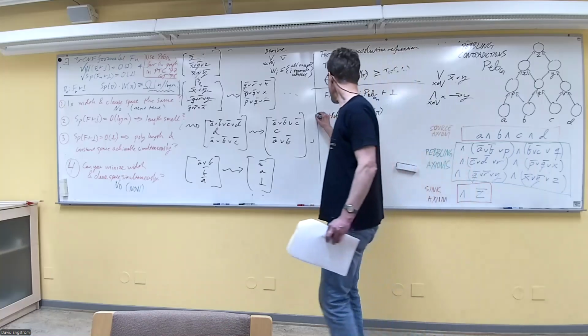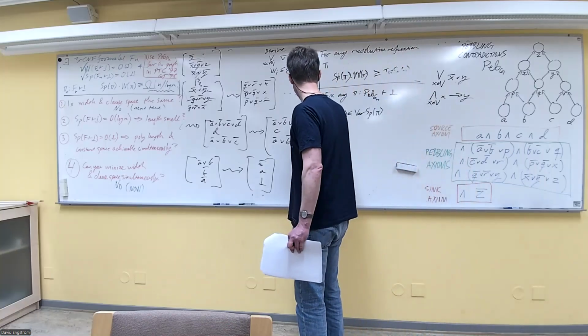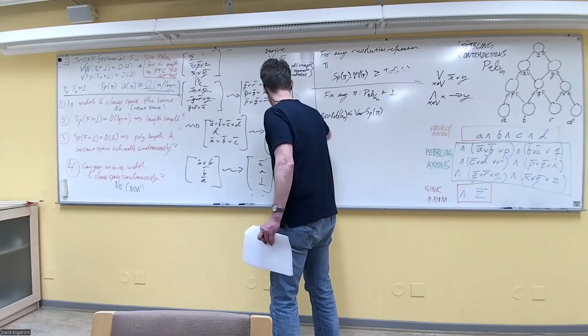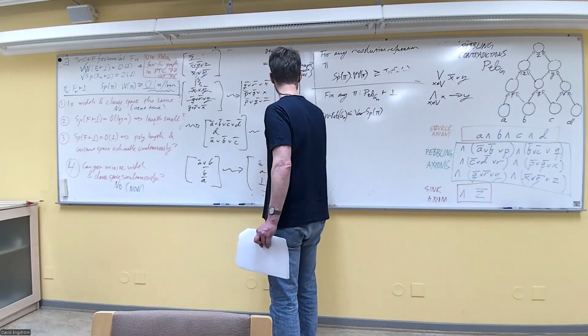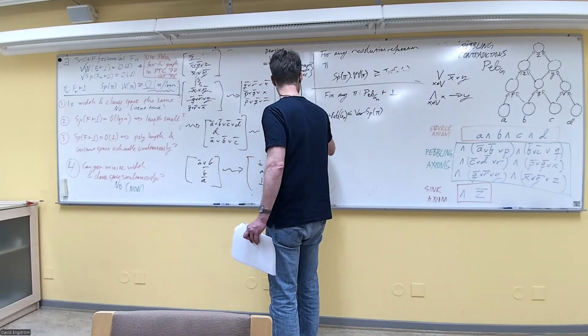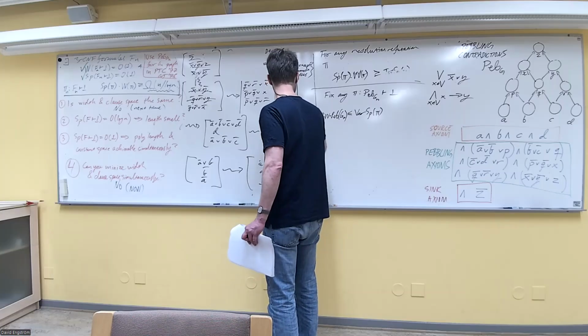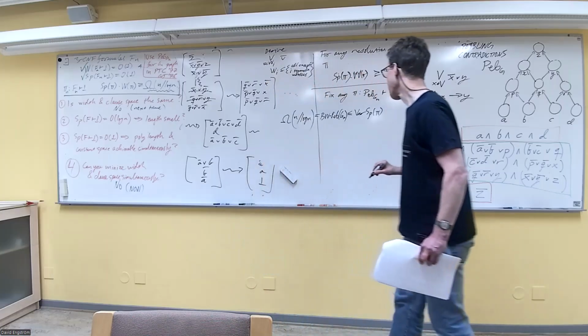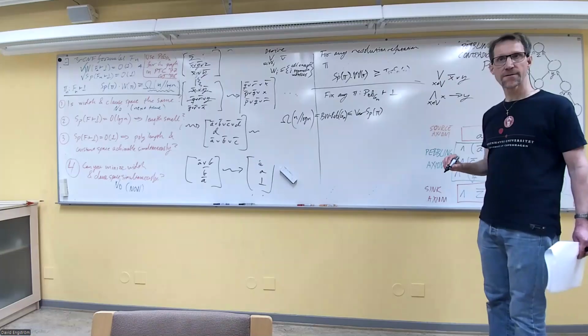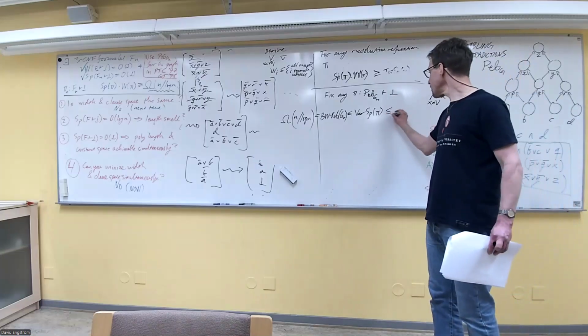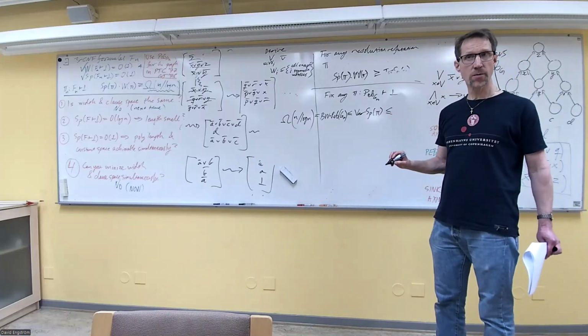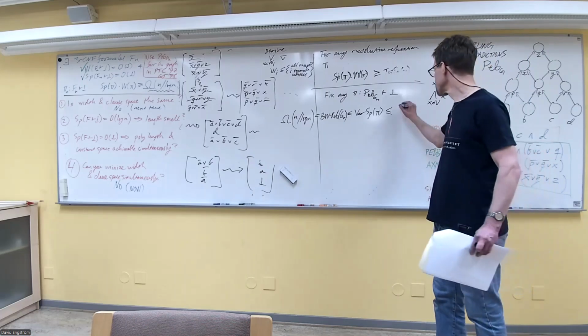Right? But this, we chose to be n over log n. Yes. And I claim that the variable space is definitely a lower bound of the total space.